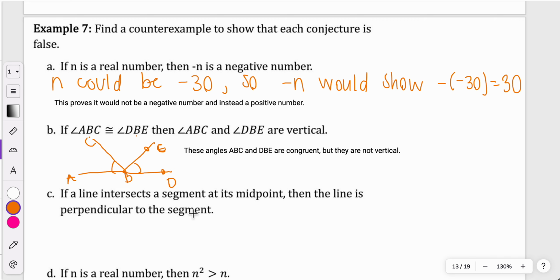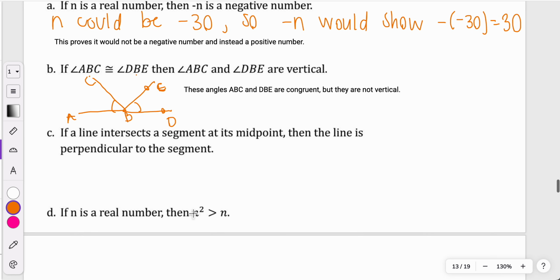Okay? So that's one way you can prove it. That's with the drawing. C, if a line intersects a segment at its midpoint, then the line is perpendicular to the segment. Not always. Example, A, B, midpoint. Sometimes it can be perpendicular, but other times you can draw it like this.